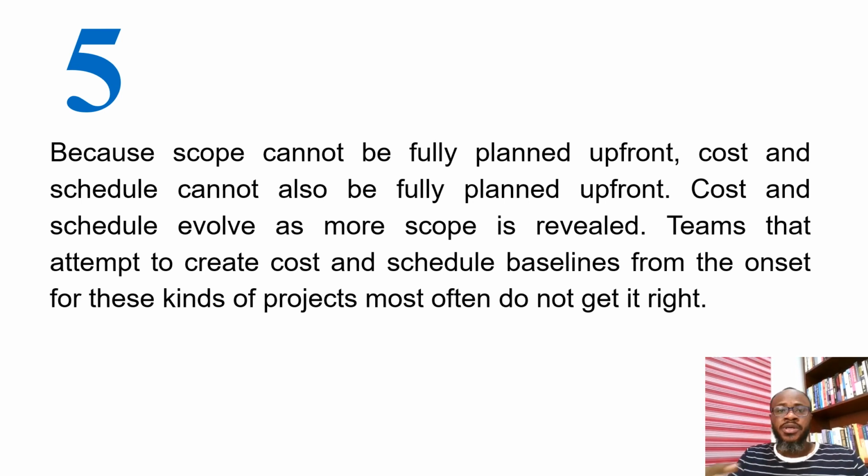I told you, the scope controls many aspects of the project. What you are doing, the deliverables, the defining features and functions of the deliverable actually controls other aspects of the project. So if you cannot plan the scope upfront, it also means that you cannot plan the cost and the schedule upfront. It's as simple as that.